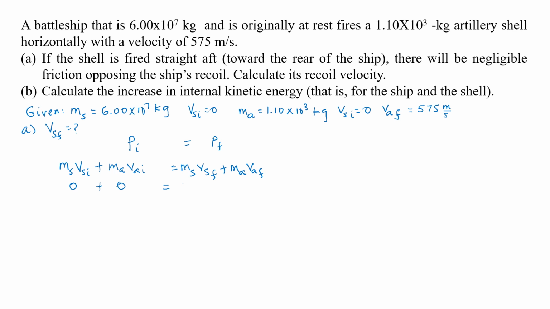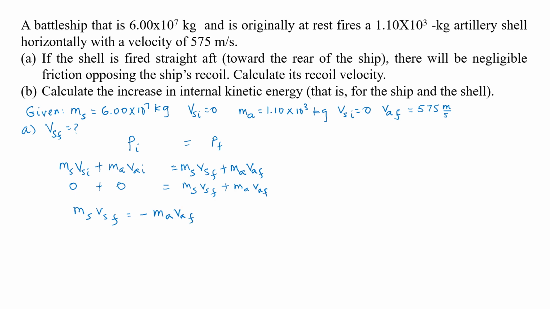Therefore this is going to be m_s v_sf plus mass of the artillery, velocity of the artillery final. Now you can subtract mass of the artillery shell multiplied by its corresponding final velocity from both sides. That yields mass of the ship, velocity of the ship final is equal to negative mass of the artillery shell, velocity of the artillery shell final.